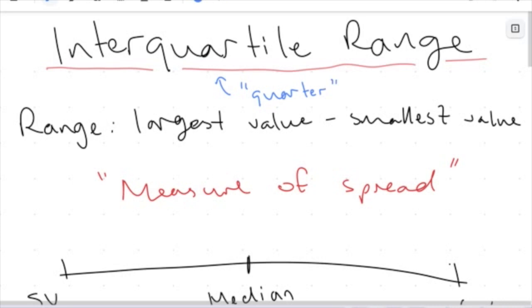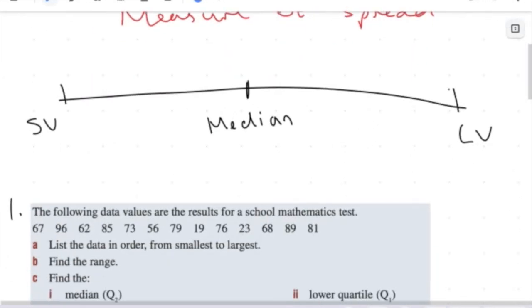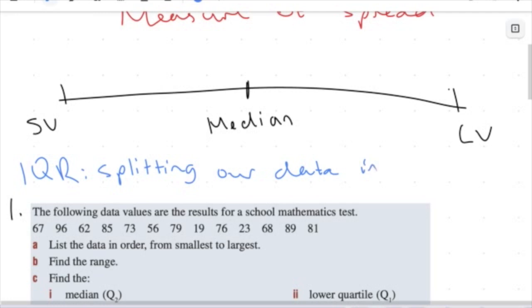And to calculate the interquartile range, we're going to talk about that in a moment, but it's all to do with splitting our data into quarters. So our interquartile range, our IQR, is all about splitting our data into quartiles. Into quarters, I should say.